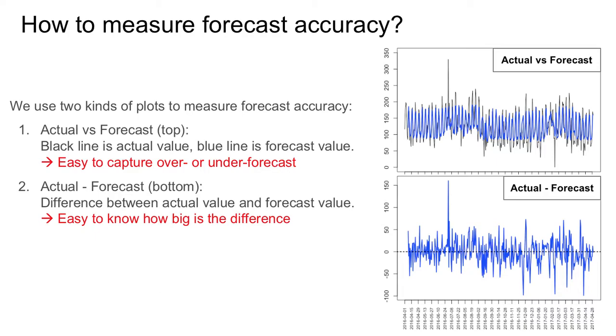Therefore, we will see 2 different colors in the top plot, but only 1 line in the bottom plot. From the top plot, we can easily know where we've over-forecast or under-forecast. And from the bottom plot, we can quickly know when the model did well and when it didn't.